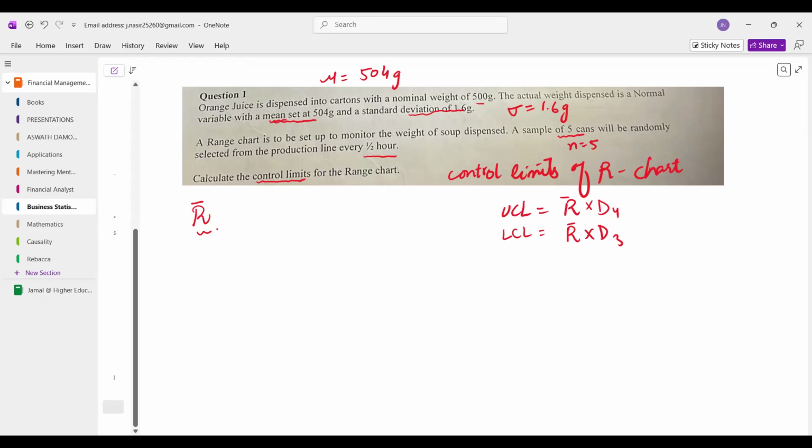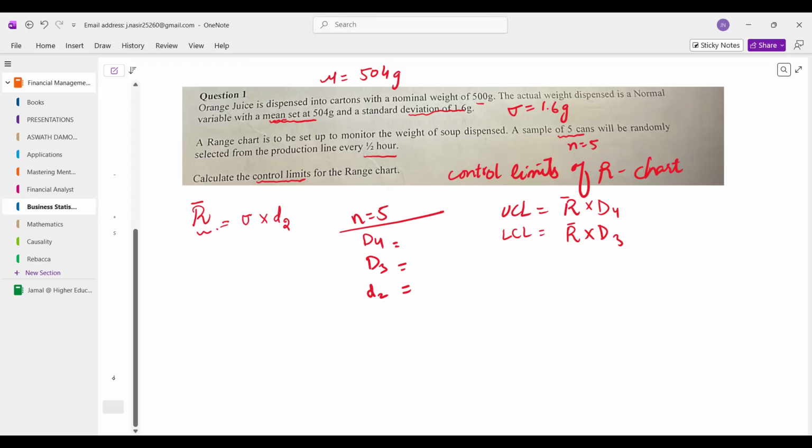Now, the formula to find the R bar is either you have the ranges of all your samples, you take the sum of all those ranges and divide it by the total number of samples that you took. And the other formula to find the R bar is you multiply the standard deviation with the small d2. Now, from the statistical process control table, I need the value for D4, the value for D3, and the value for small d2 at n equals 5.